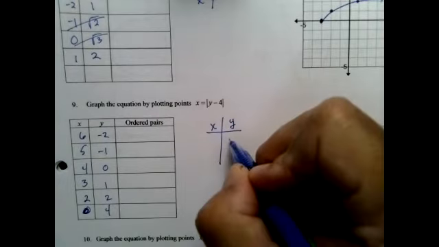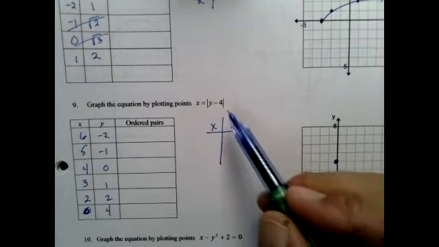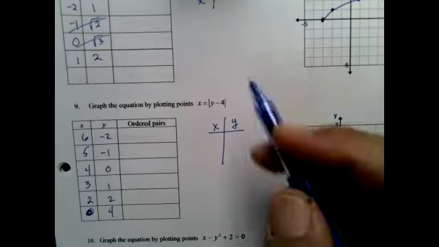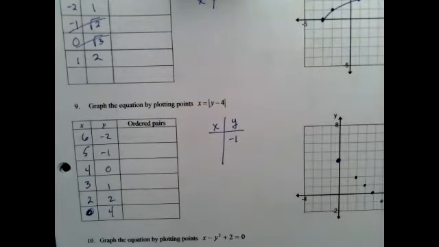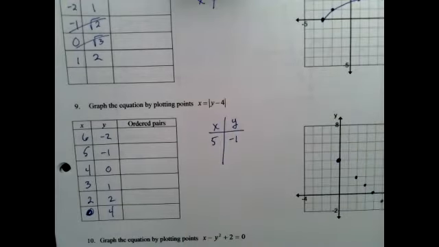So if I put -1 in for y, man, this is just crazy. -1 is 5 and -2 is, okay, wait a minute. If I put -1 in, that gives me 5. Oh, I already did that one.